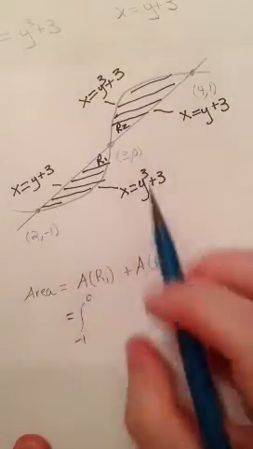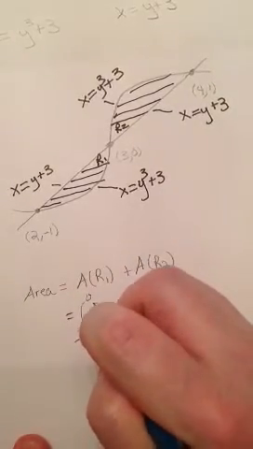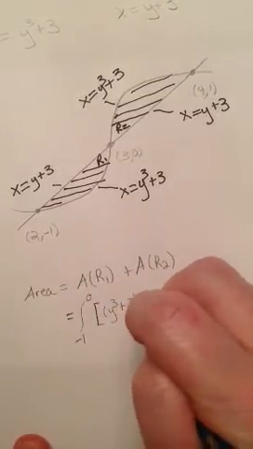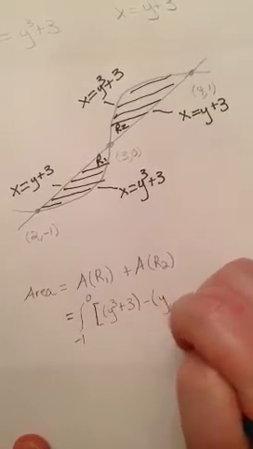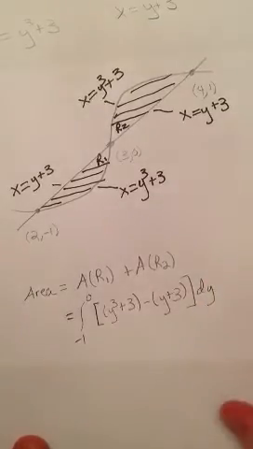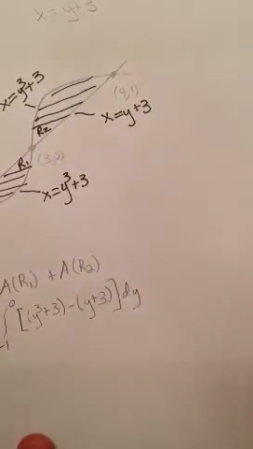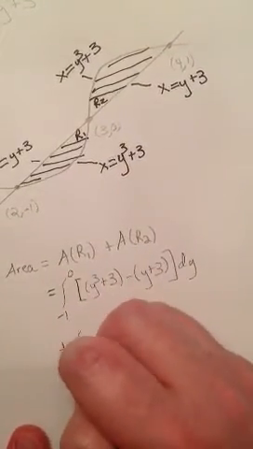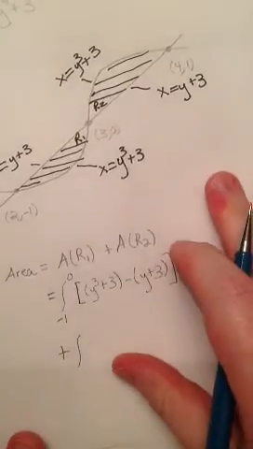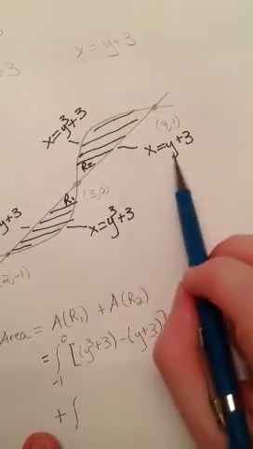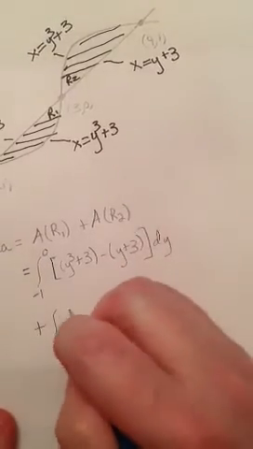And again, right minus left. We have y to the third plus 3 minus the quantity y plus 3, dy. Then for the second region, again going from y is equal to 0 to y is equal to 1, y plus 3 is to the right of y cubed plus 3.